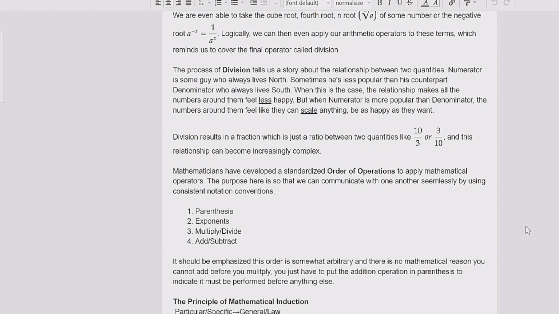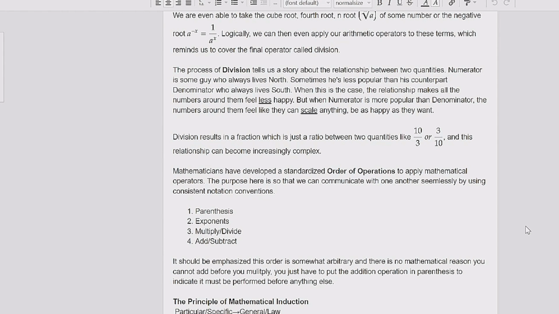The last thing to touch on is order of operations. Mathematicians have developed a standardized order to perform these operations. So for any equation you have, you perform what is in parentheses first, and then you perform any simplification of exponents, any multiplication or division, and then you do any adding and subtracting. And now obviously this order is arbitrary.